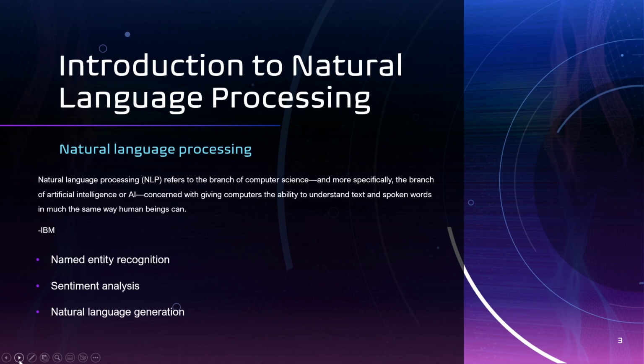So let's talk about the tasks that are associated with natural language processing. So here's three of them, and these are just three of many. So the first one is named entity recognition. So what's named entity recognition? Well, it's the simple idea that a computer recognizes something by name.